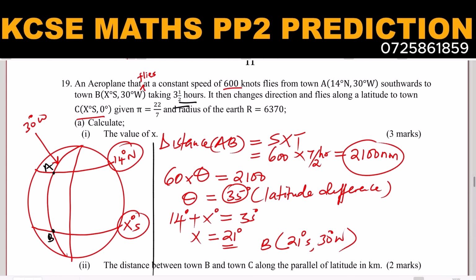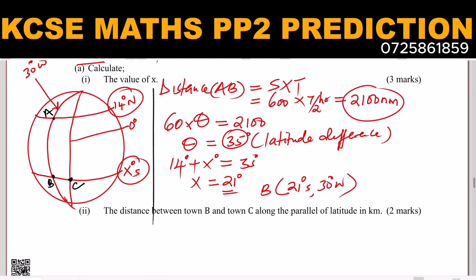So that latitude there is 0 degrees, so it flies up to this point. So you can see it is flying from B to C, that is along the same latitude. If you write the positions, B is 21 degrees south, 30 degrees west. Then C.